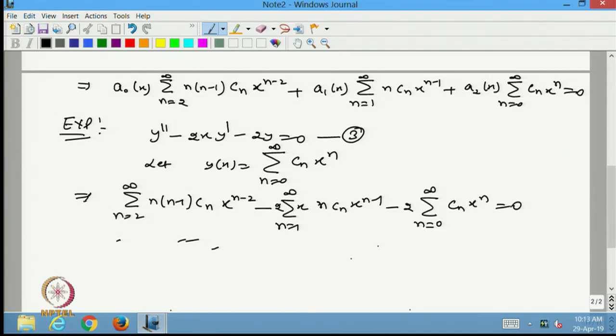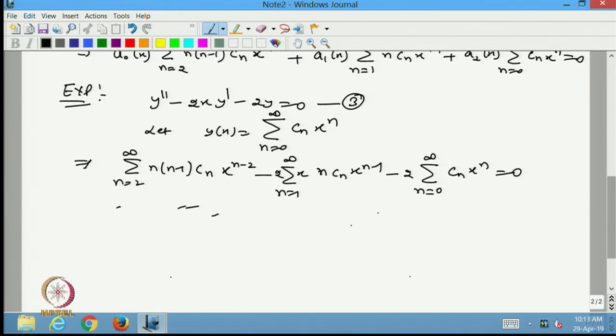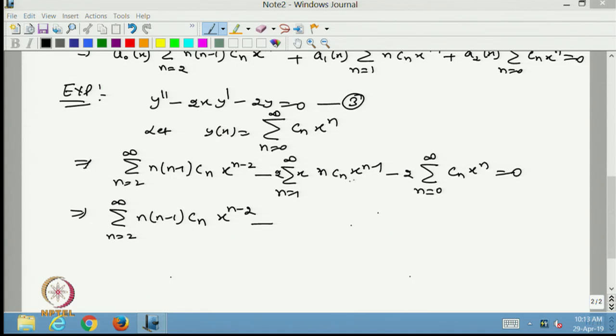I just substituted whatever we got after taking the derivatives, and then I will go further. This x I can take inside, so the x will multiply with this term and it will reduce to this form.